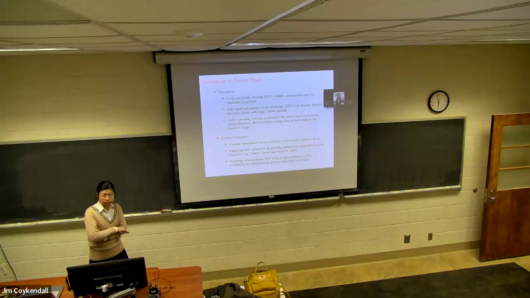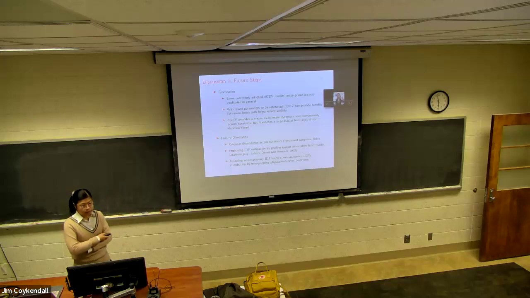And for further study, we want to consider the dependency across duration. Remember, we aggregate the hourly data into 3 hour data, which means the 6 hour data is dependent on the 3 hour data. So how to model that dependency is another concern to improve the estimation.